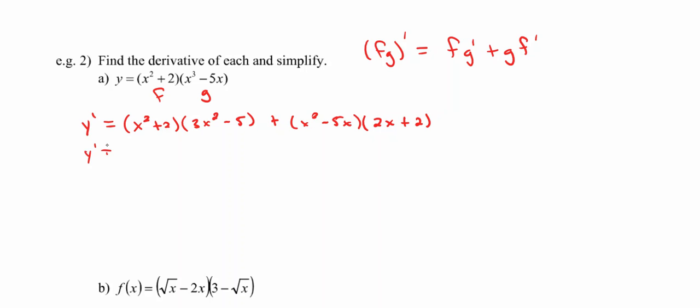So we'd say y prime is going to be equal to, so that ended up being 3x to the 4 minus 5x squared plus 6x squared minus 10 plus 2x to the 4, minus 10x squared.